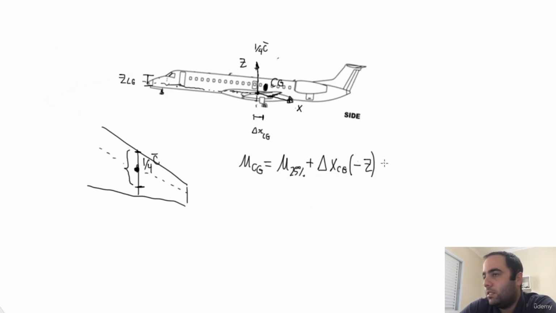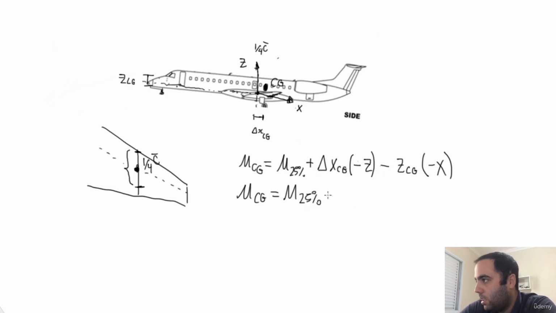So to generate a nose down pitching moment, I'll put the negative sign here times the ZCG times negative X. So the moment around the CG is going to be the moment at 25% plus X times ZCG minus Z times delta X CG.